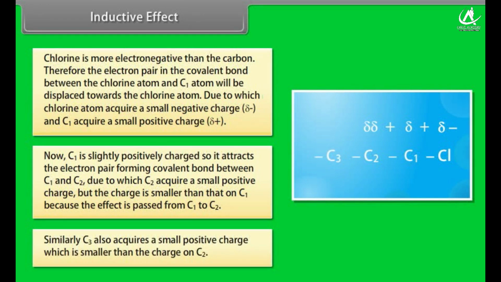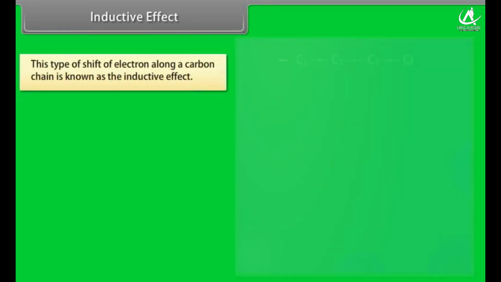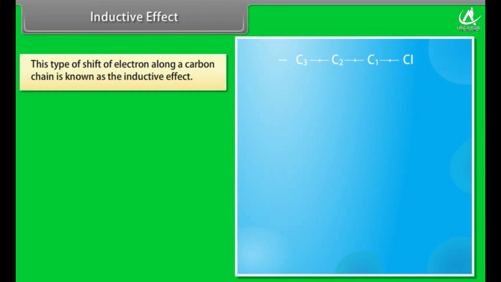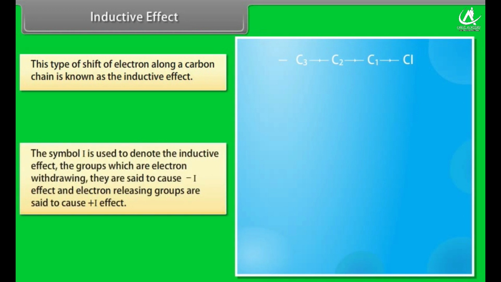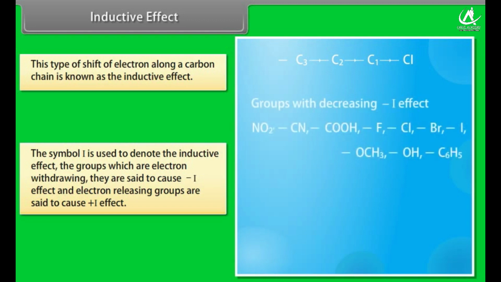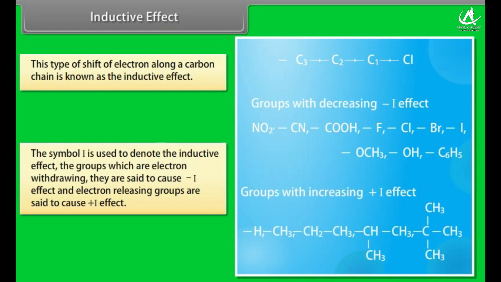Similarly, C3 also acquires a small positive charge which is smaller than the charge on C2. This type of shift of electrons along a carbon chain is known as the inductive effect. The symbol I is used to denote the inductive effect. The groups which are electron withdrawing are said to cause a negative I effect, and the electron releasing groups are said to cause a positive I effect.